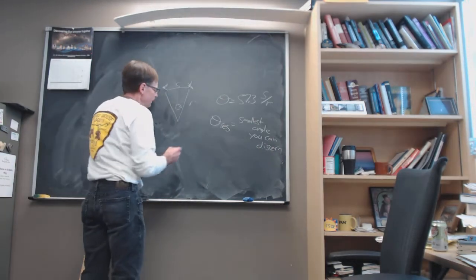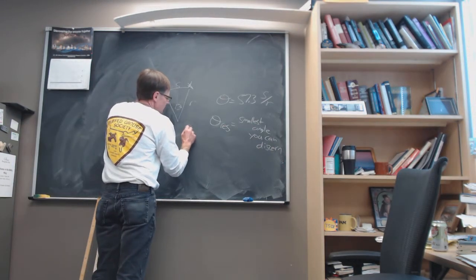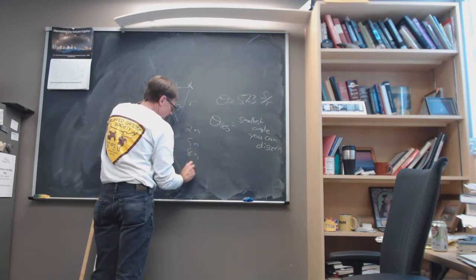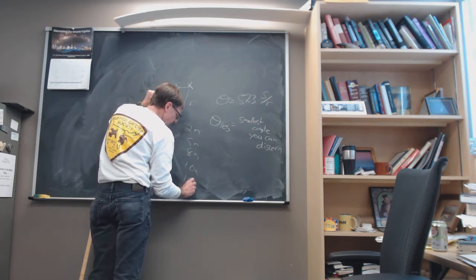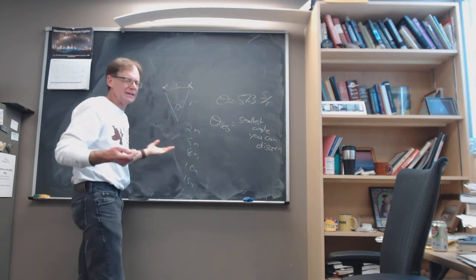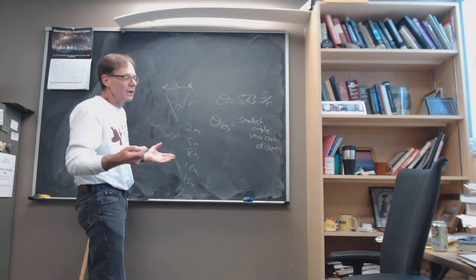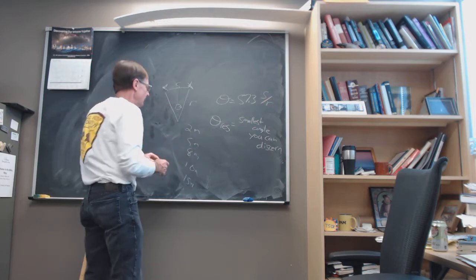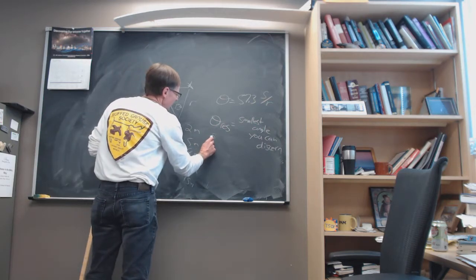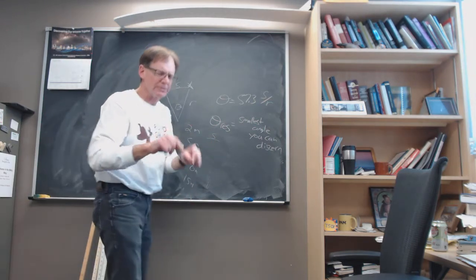But it might be that you do something like 2 meters, 5 meters, 8 meters, 10 meters, and 15 meters. Or maybe you do 5, 10, 15, 20, 25. It doesn't really matter what R is. You're going to find out what S you can no longer resolve, where two objects merge together.